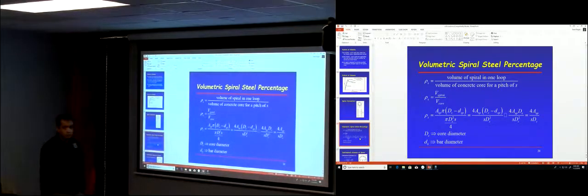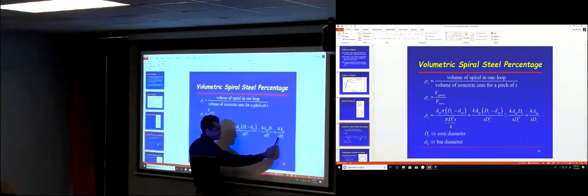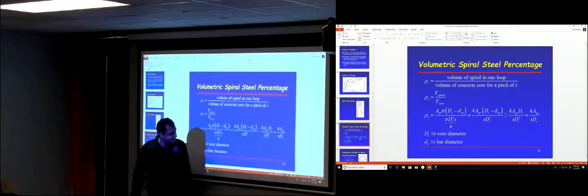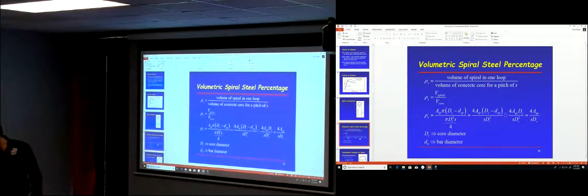So that's rho of the spiral. It's 4 A_sp, 4 multiplied by the area of the spiral, divided by S, the spacing or the pitch, divided by d_c. Any question? So we're going to continue from here next time.